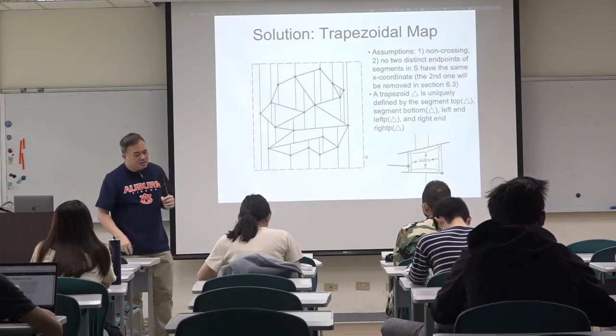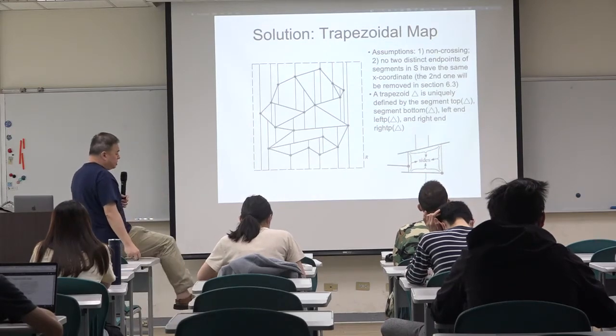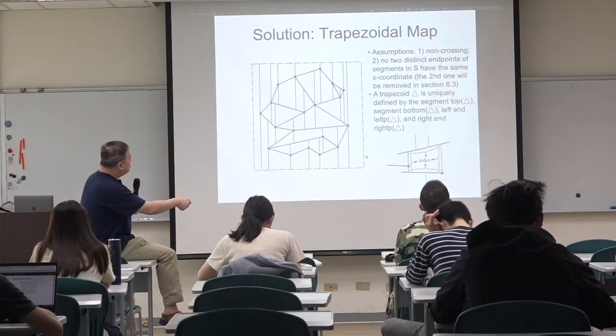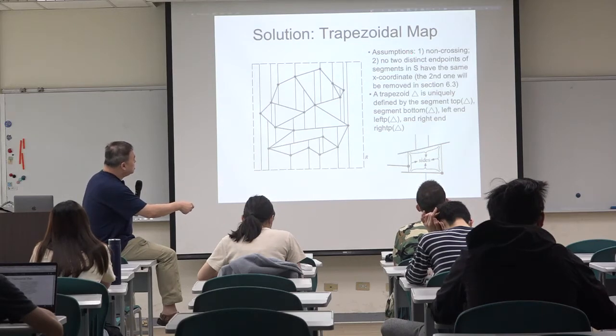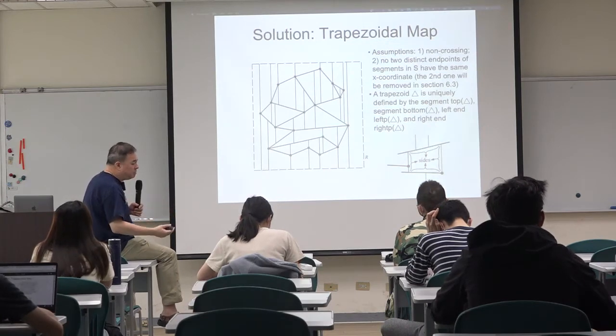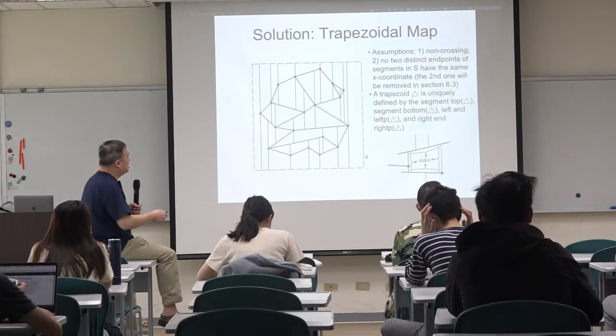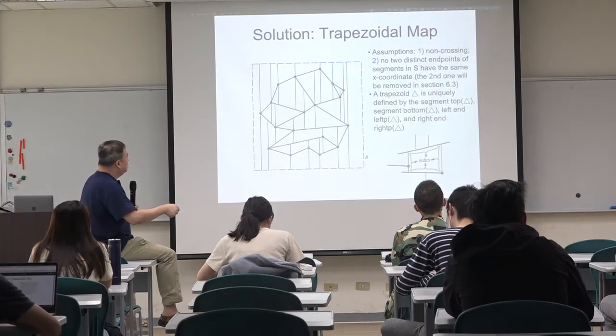So this shouldn't be an issue. So that non-crossing assumption, even though it looks unreasonable, is actually much more easily manageable than you may think at the beginning.